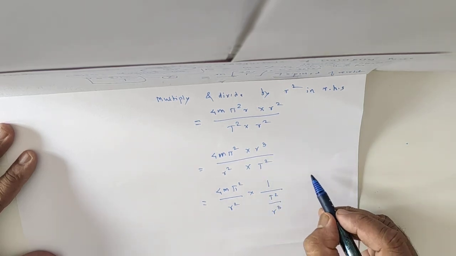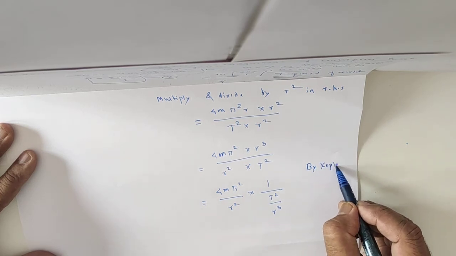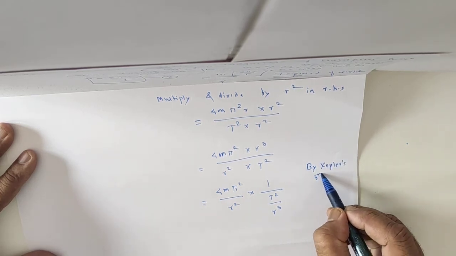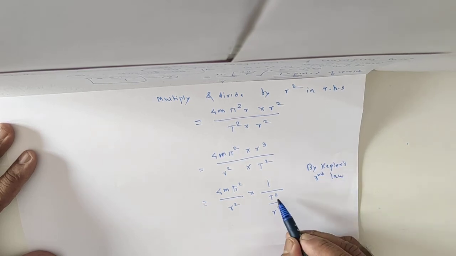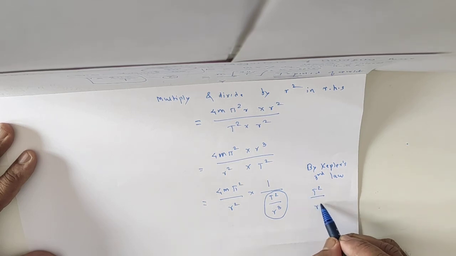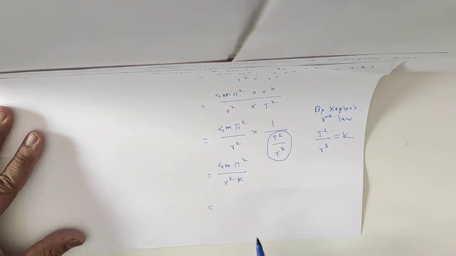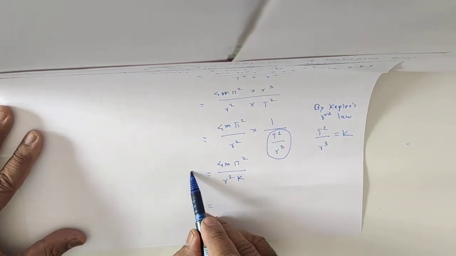Isn't it? But by Kepler's third law, this is constant: T square upon r cube is equal to k. Therefore, 4 m pi square upon r square into this k. Now we observe this quantity, which is F.